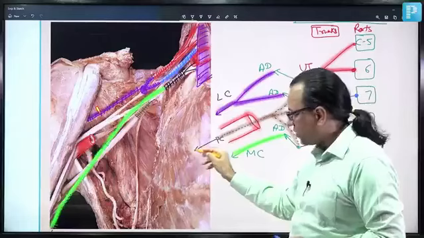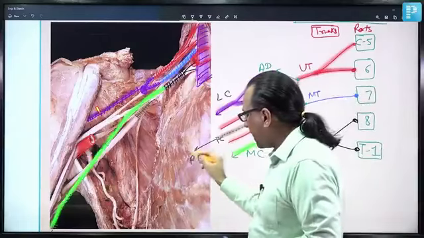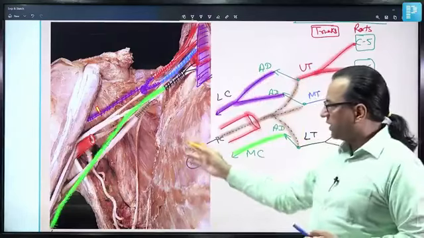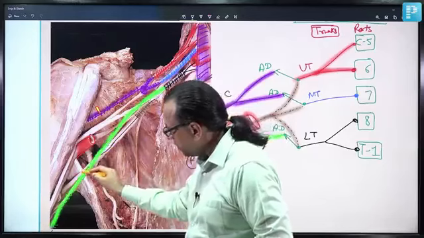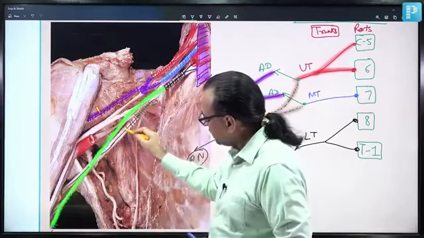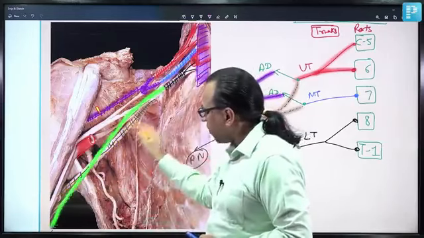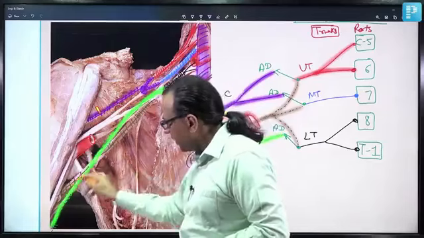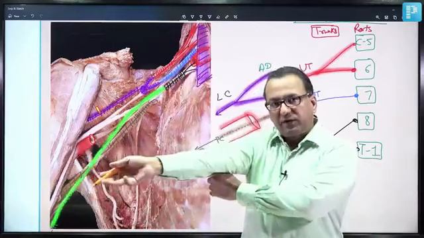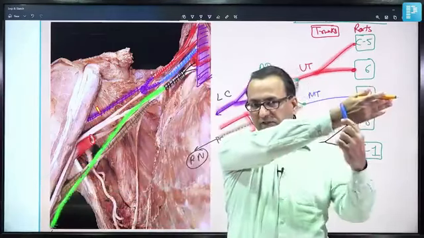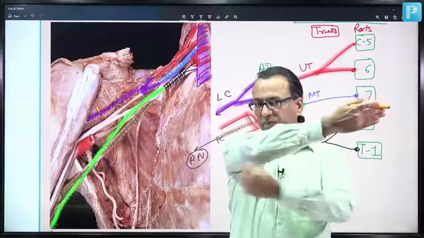Posterior cord we are not discussing here, but let me tell you, it is the radial nerve. And if you want to see the radial nerve here, this is the radial nerve, the thickest of all these nerves. And why would the radial nerve be the thickest? Because it has all the 5 roots of brachial plexus. And where is it going? The radial nerve goes behind the humerus bone and supplies muscles of the posterior arm and forearm, and supplies skin on the posterior aspect of the upper limb.